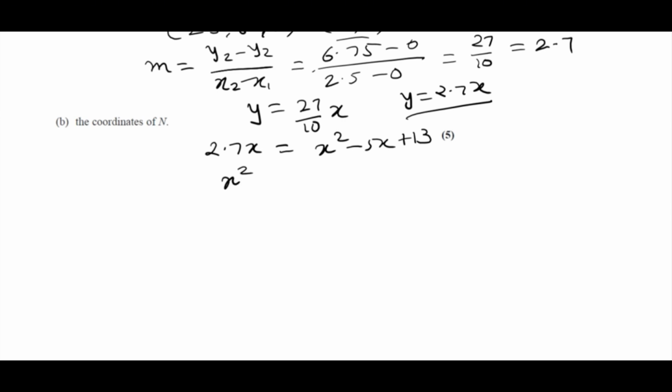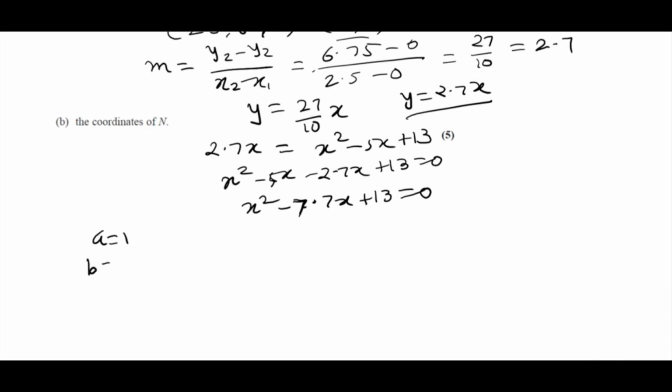So x squared minus 5x minus 2.7x plus 13 equals 0. So x squared minus 7.7x plus 13 equals 0. As we know, there are decimals here, so the best way to do it is the quadratic formula. So my a is equal to 1, b is equal to minus 7.7 and c is equal to 13.